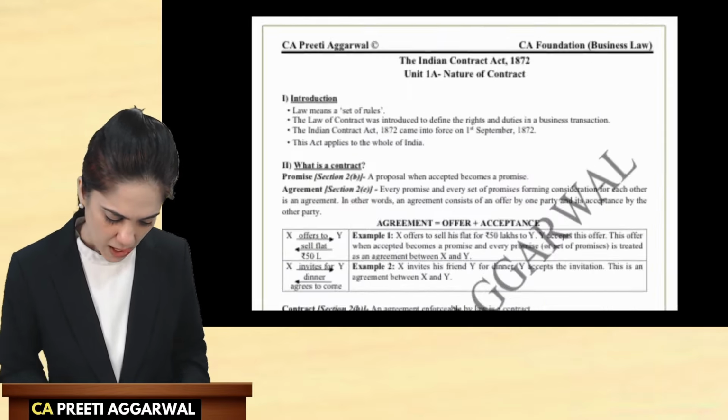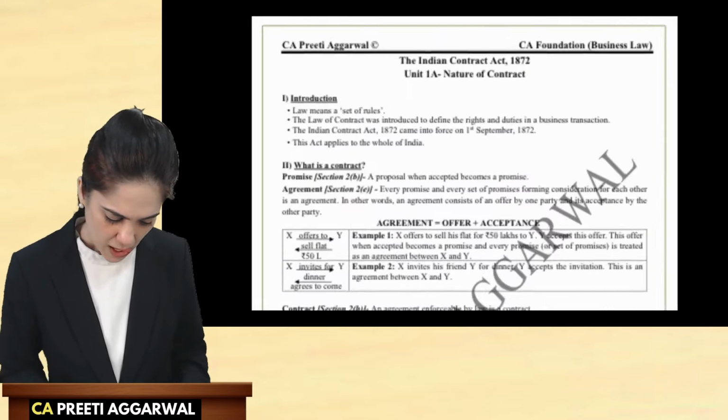The law of contract was introduced to define the rights and duties in a business transaction. This act came into force on 1st September 1872. What about the contracts entered before 1st September 1872?